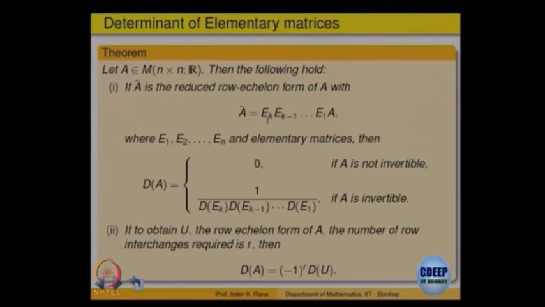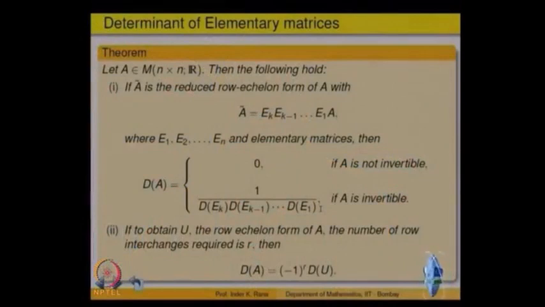If r interchanges are required, it will give you minus 1 to the power r. That means the determinant should be minus 1 to the power r times the determinant of the original one, because each one is going to give you a minus 1.